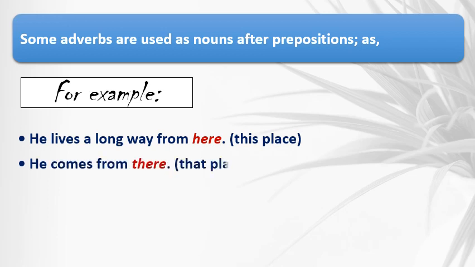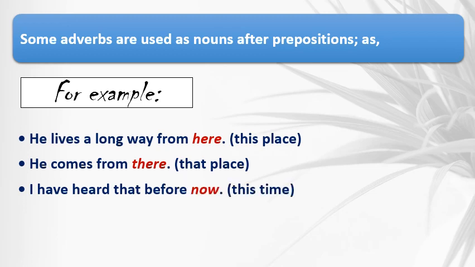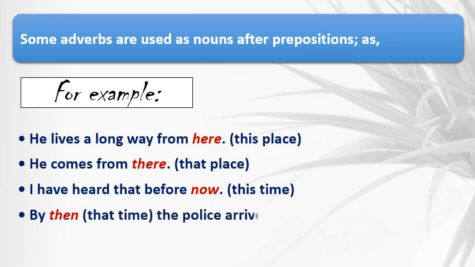He comes from there. So the meaning of there is that place. It is also an adverb of place, and the word there is used just after the preposition from. I have heard that before now. So the meaning of now is this time. So it is an adverb of time, and here the preposition is before. By then the police arrived on the scene. So the meaning of then is that time.